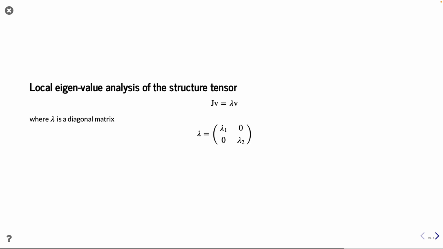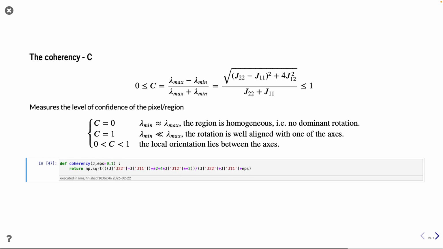And with this tensor, we can compute the eigenvalues, and this is where it starts to get more interesting, because with that, we can look at, for example, the coherency, where we look at the normalization of the lambda max and min, which turns out into that equation. But the interesting thing here, the coherency factor C, is that in regions where C is equal to 0, that means the two lambdas are about the same.